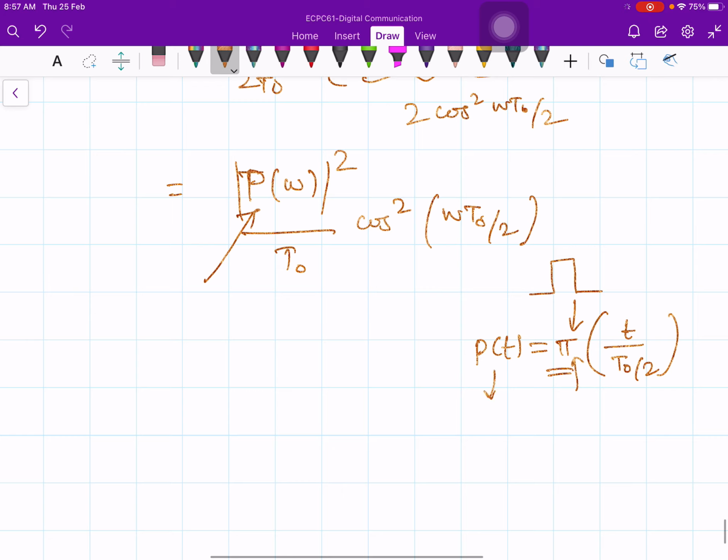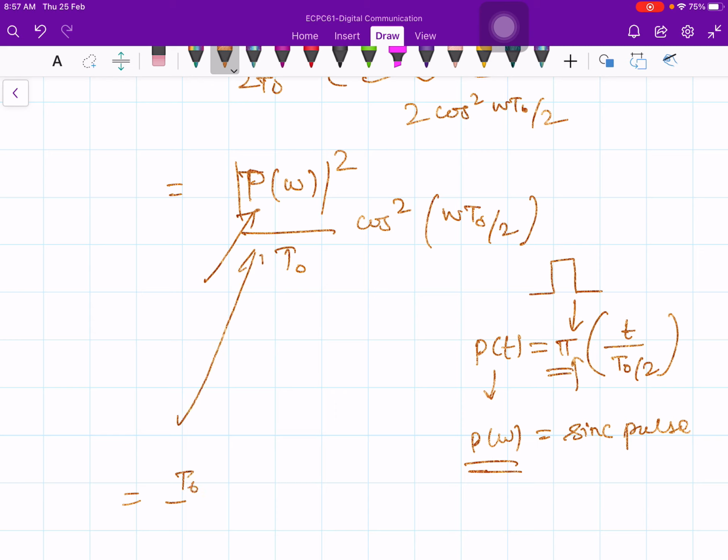Now if you take Fourier transform, we know this Fourier transform p of omega, you will get a sinc pulse. Okay, so therefore p of omega is a sinc pulse. Directly substitute in this equation. So that is, let me write down the final answer. T0 by 4 sinc squared of omega t0 by 4 pi cos squared of omega t0 by 2.